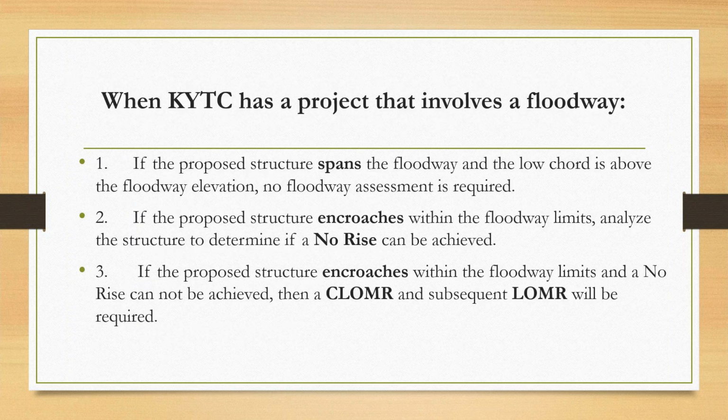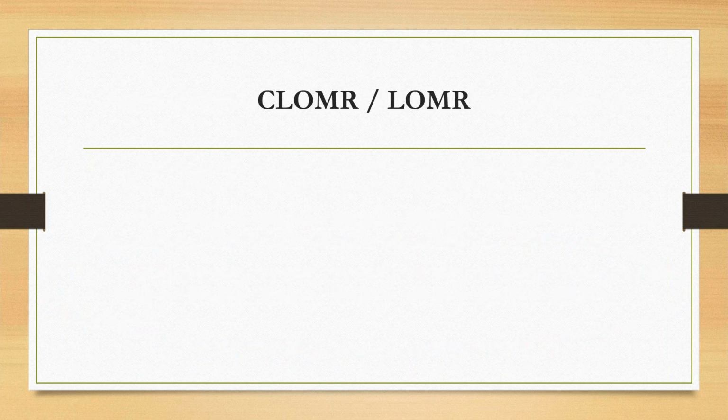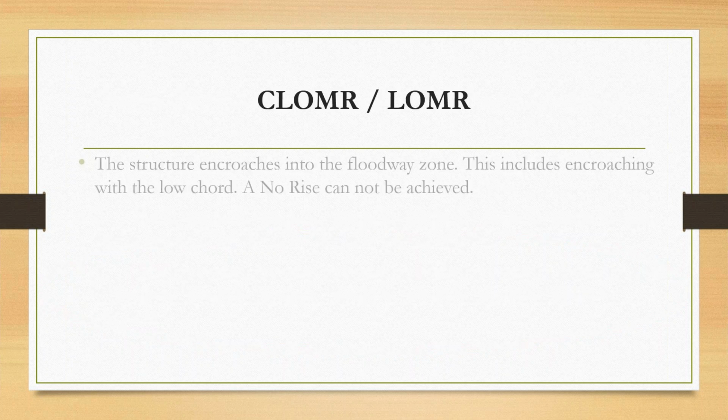All right, so now let's move to our third parameter, our third option. If we couldn't span it, and we encroached and we can't get a no-rise, so now we are stuck with getting the old CLOMAR, which I know we really don't want to do. CLOMARs cost money and they take time.